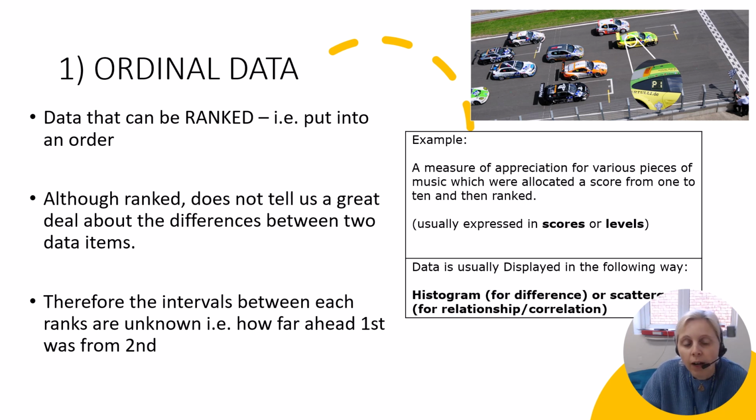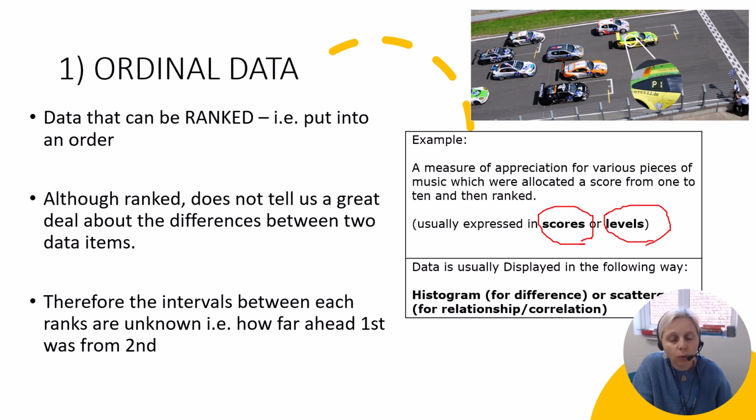Ordinal data are the most common in psychology because anything that is scores or levels, unless it's specified that they have been standardized, that would be ordinal data. You can put them in order from largest to smallest, but there's a subjective element to them. For example, if I'm asking to score the level of attractiveness of people in pictures, then me giving an 8 wouldn't correspond to someone else giving an 8.